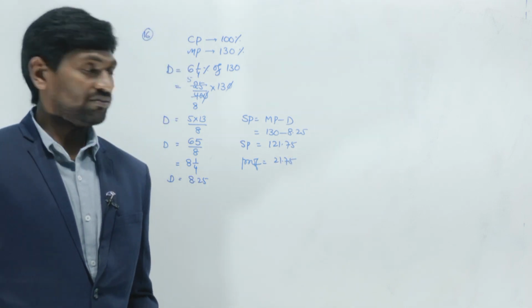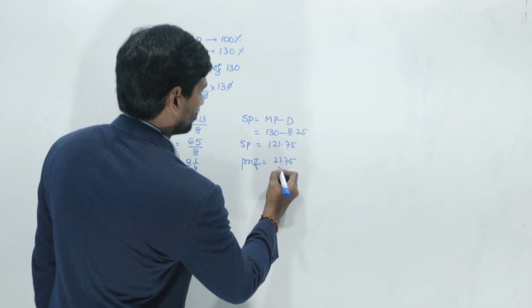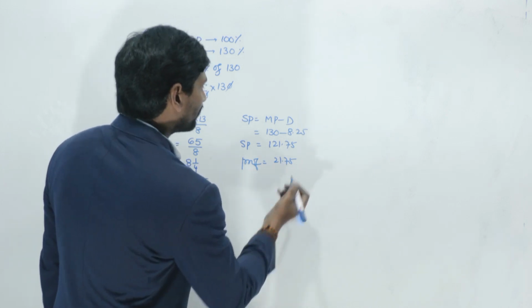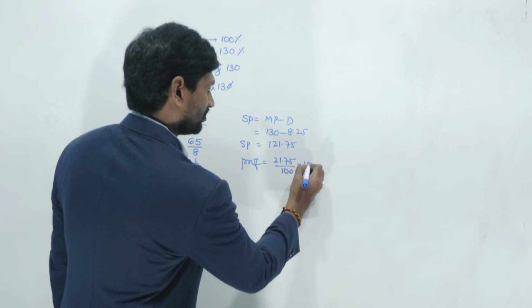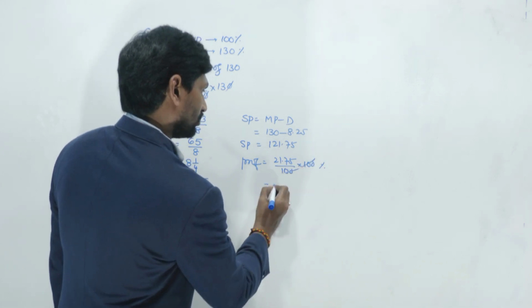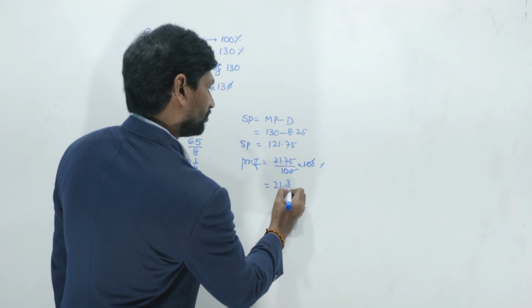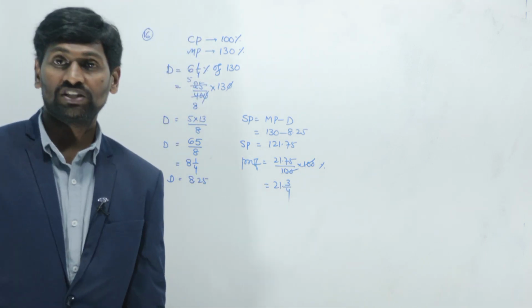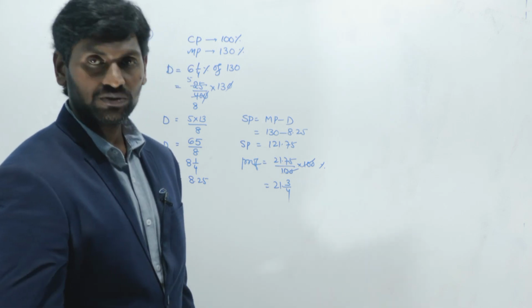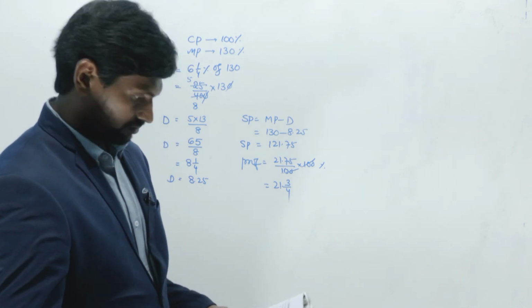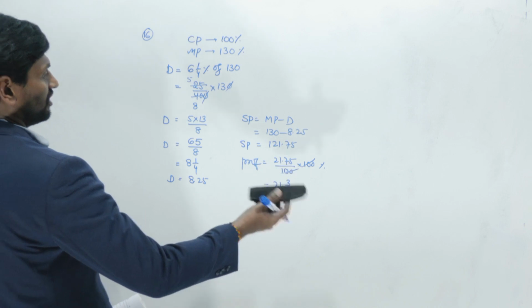It is finding the value for 100, so 21.75% is the profit, by CP into 100. We can write 21.75 as 21 3/4%. That is the profit, or 7 by 8 also you can write.